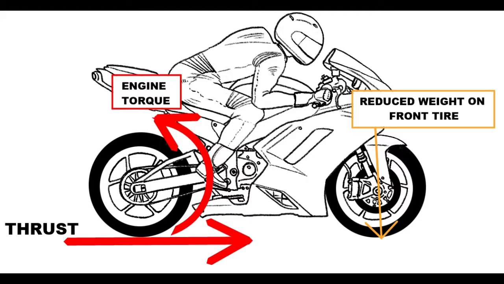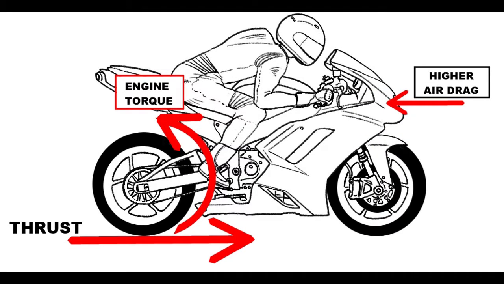Another force acting on the bike, which is very often overlooked, is aerodynamic drag. Now, the faster you go, the higher this drag force gets. A motorcycle has a fairly large frontal area up high, so the biggest portion of the aerodynamic drag is up high on the motorcycle. But if you notice, the thrust pushing the motorcycle forward is down low, while the aerodynamic drag is up high, holding the bike back.